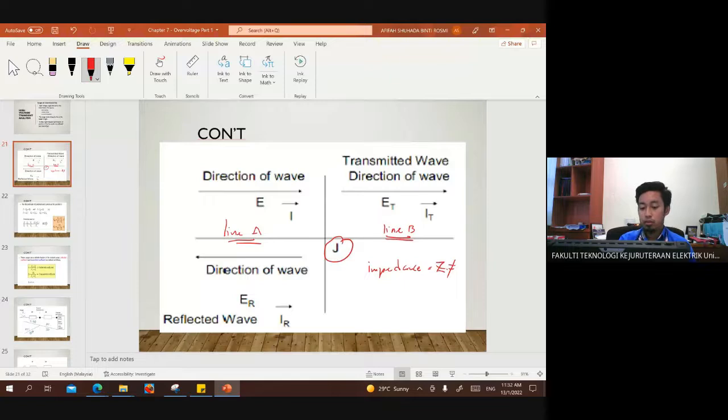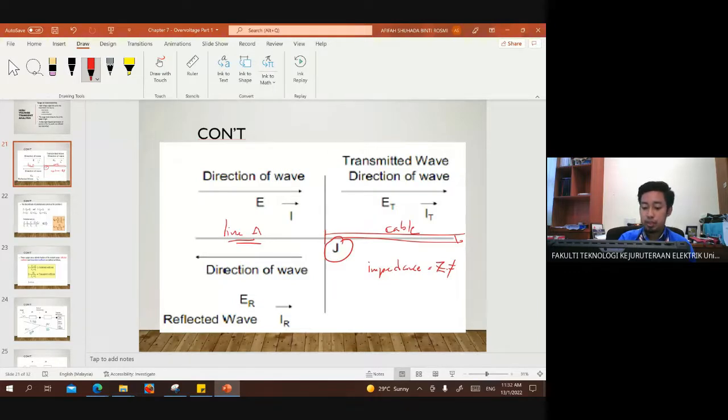Maybe also line A is connected to the cable, so the value of impedance between the line and the cable will also be different. For example, this one, the cable.